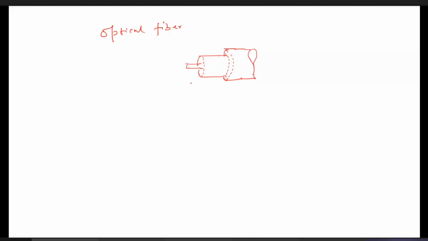You can see there are 3 layers. The inner solid cylinder made of dielectric material is called the core.